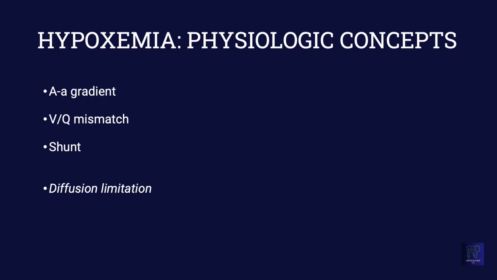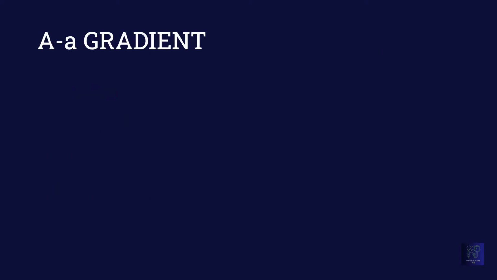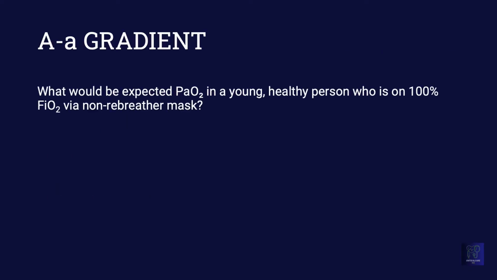There are some very important physiologic concepts to understand here, namely the A to A gradient, the VQ mismatch, and shunt. There's also diffusion limitation, which is somewhat less important clinically, but these are some important concepts to remember. Let me start by asking you a question. What do you expect the PaO2 to be in a young, healthy person who has been placed on 100% oxygen, let's say via a non-rebreather mask?